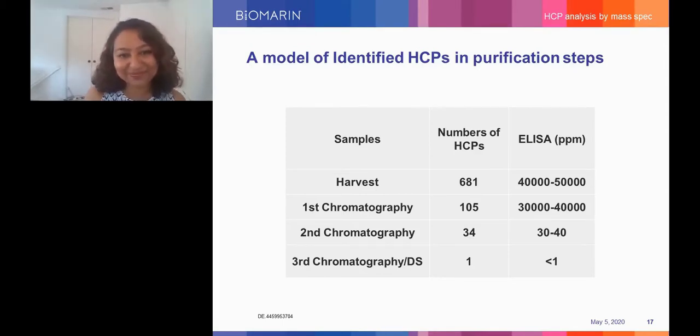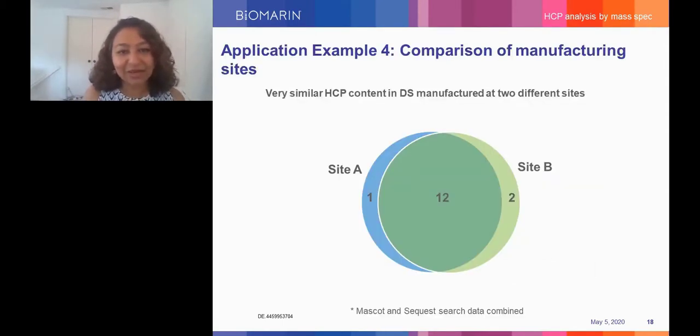We can also compare manufacturing of the same process done at two different sites. Process engineers, process validation engineers, and people who work with transfer of processes are well aware that making a biologic at a new site is not a joke.